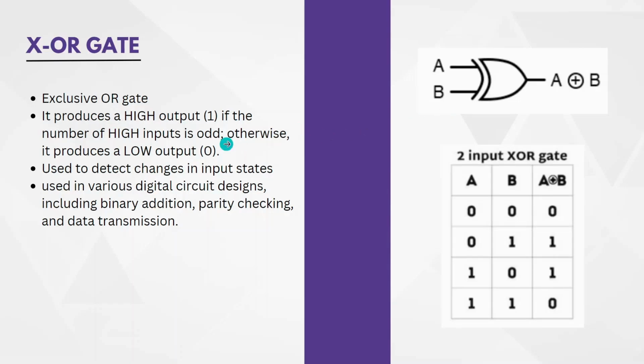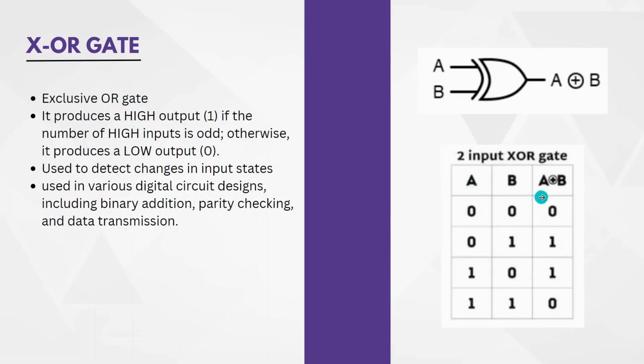So this gate is the exclusive OR gate, which means its output is high only when an odd number of inputs are high, which means in this case, there are only 2 inputs. So for 2 combinations, we get output as 1, because in both these cases, only one of the inputs is high and all other inputs are low.